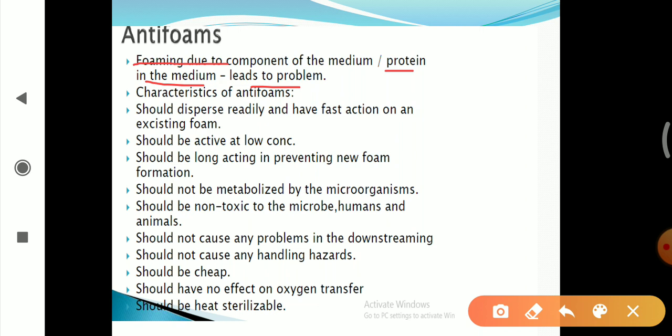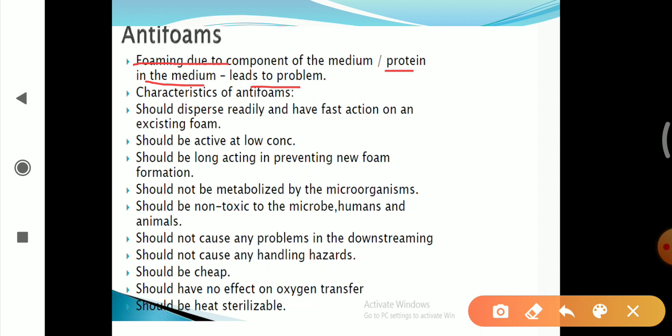As we know, protein in the normal state, when combined with water, will create foam. So ultimately foaming is due to the medium we have selected, and while selecting the medium we have to take care that it does not create a foaming problem.